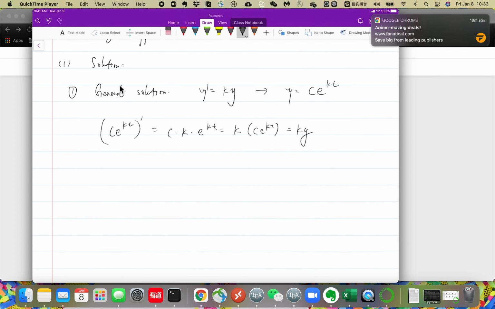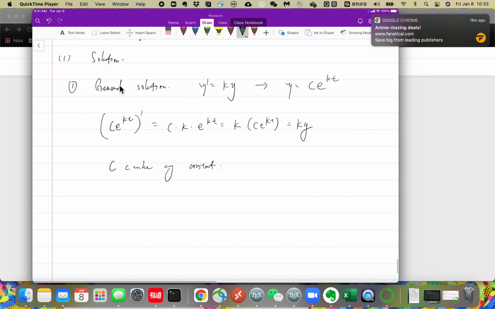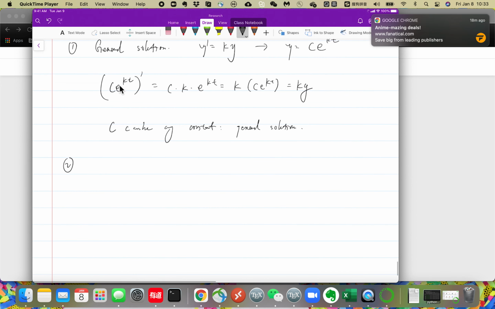Second, c can be any constant. So how many solutions are there? You have infinitely many. That's why we call it the general solution. Now to have a specific solution, or let's say a unique solution, you need to add in initial values.